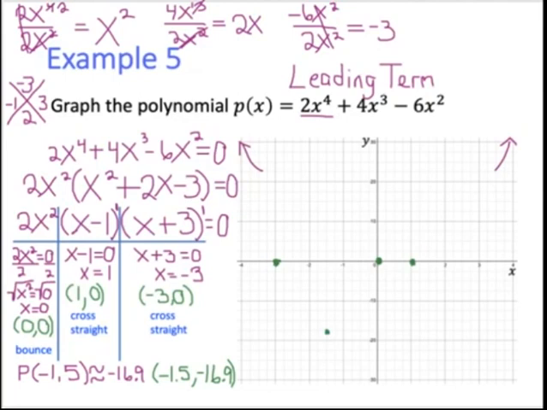So our next interval is between 0 and 1, so we need to choose a test point right in the middle of that. So we'll choose 0.5 to find out if the graph is above or below in that interval. So let's find P of 0.5.